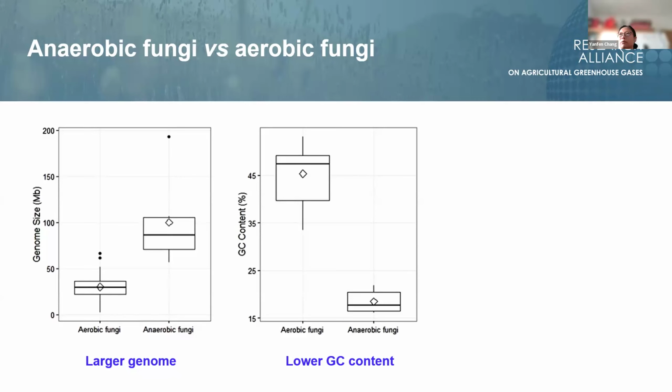There are some proportions in the genome of anaerobic fungi, about 50 percent of it, that have really, really low GC content. According to our experience in genome sequencing, the lowest GC content in the fungal genome is less than 10. In some regions, the GC content is about 8 or 9%.